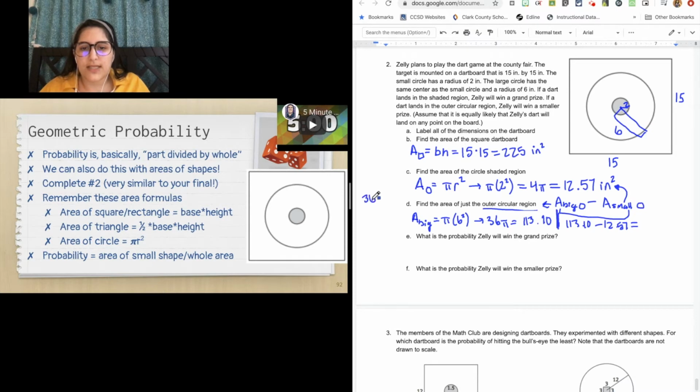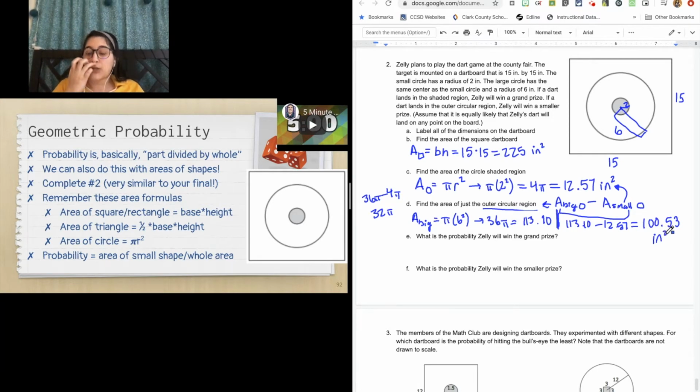You could do 36 pi minus 4 pi and just subtract these, which is 32 times pi, and then figure out what that decimal is. You could do the exact same process and you would get the same answer. Okay, so when I do all of this subtraction, I get 100.53, and then my unit is inches squared.